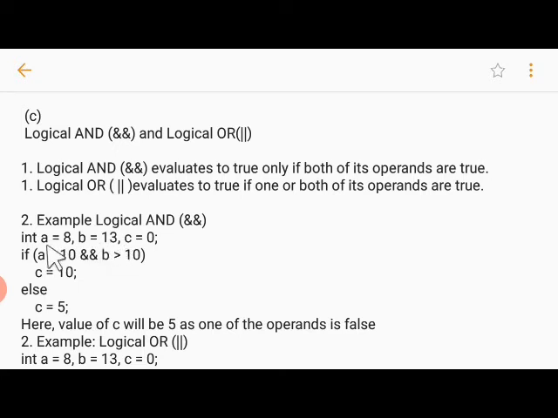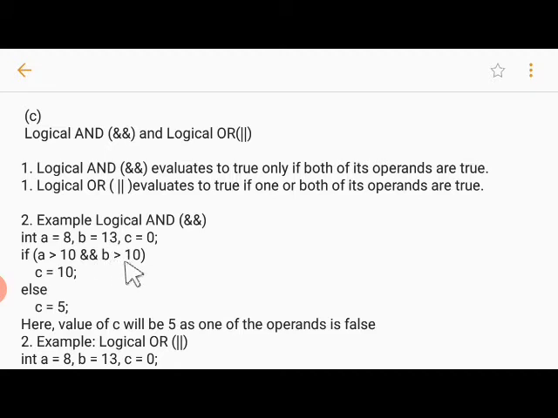Now students, if a greater than 10 and b greater than 10, this is a compound expression here. The first expression says a greater than 10. A is 8, so 8 greater than 10. Can it be possible? No, it is false. On the other side, this relational expression says b greater than 10, that means b is 13.